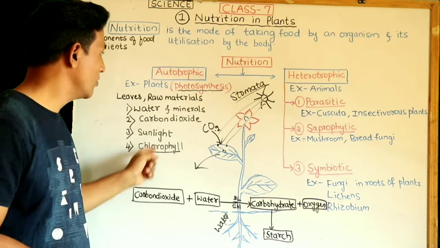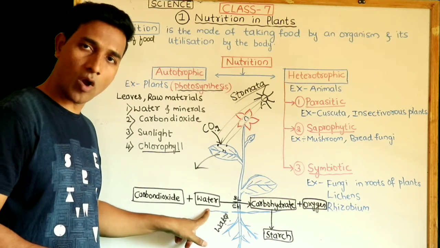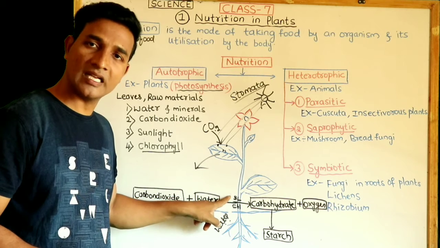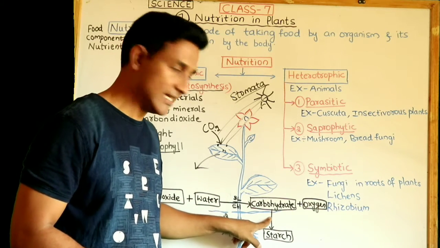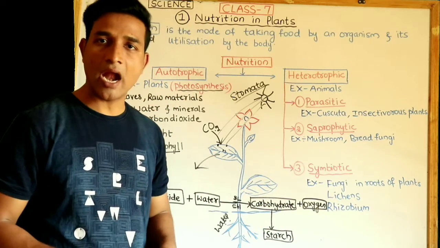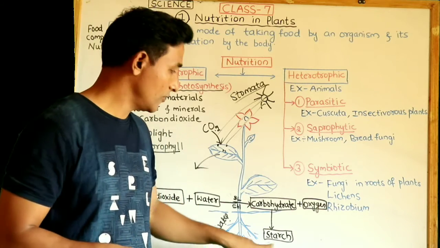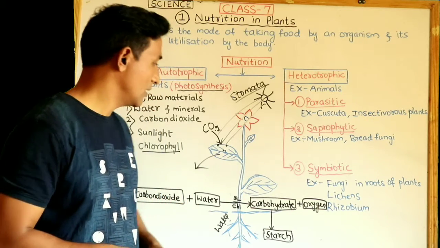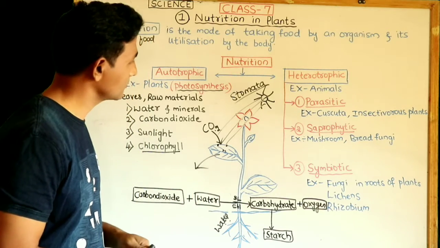Let us study now the reaction. Carbon dioxide with water in the presence of sunlight and chlorophyll, the plant prepares carbohydrates. They give out oxygen. This carbohydrate is stored in the form of starch, and all the cells utilize carbohydrates.